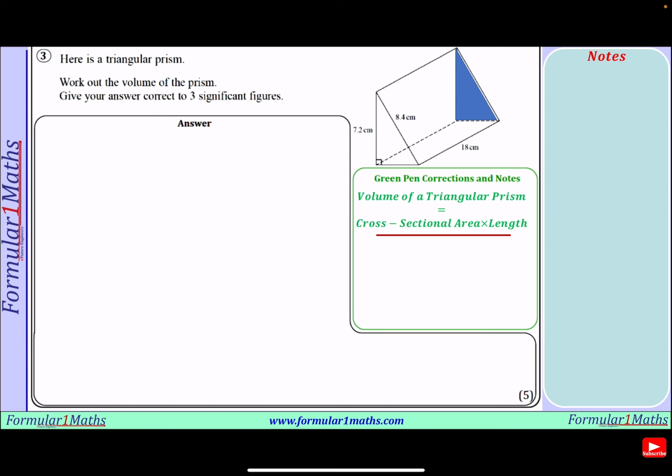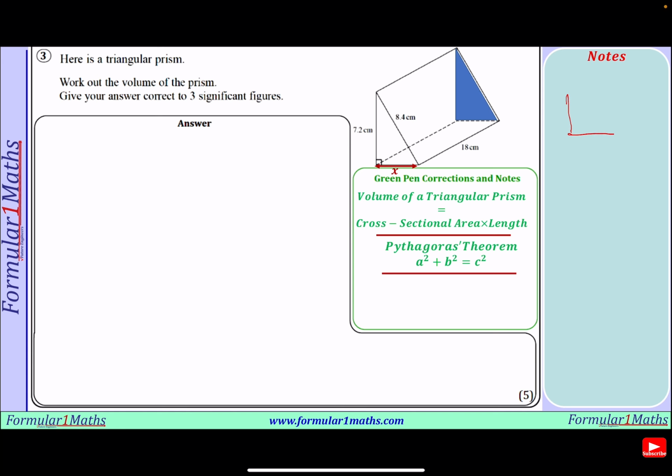So we need to find the area of the right-angled triangle. Before we can do that, we need to find this length here, x. Now, how do we find the length x? We use Pythagoras Theorem. Let me remind you of Pythagoras Theorem.